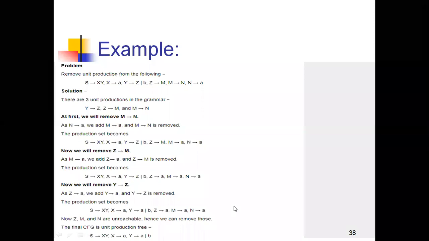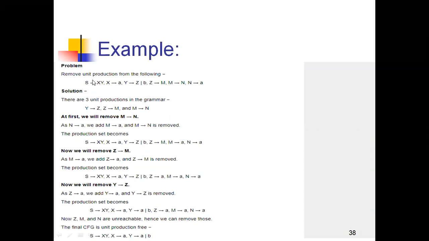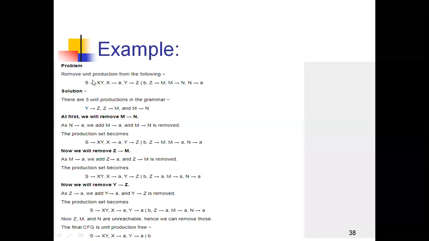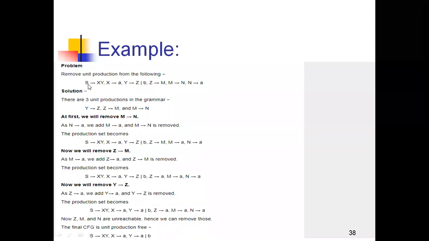So with this, the production set now becomes reduced of unit productions. Now Z, M, and N are unreachable. Unreachable in the sense that S derives the two variables X and Y, but from the starting symbol S, we're not having Z, M, or N. If the variables are not derived from the starting symbol, then we can say those are unreachable variables, so we can remove those variables here.